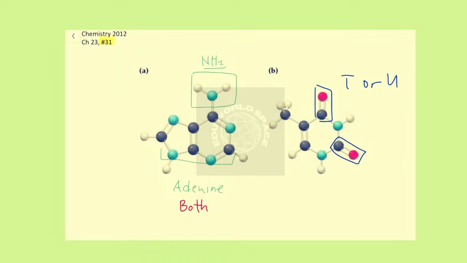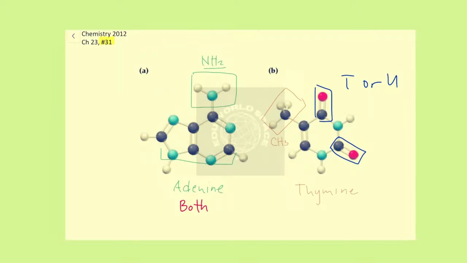Okay, so what tells us whether it's T or U is whether we have this methyl group right here. So this is CH3. Okay, so if you have that CH3, that means you have a thymine. So this structure right here is a thymine. If you don't have that CH3, then you have a uracil.